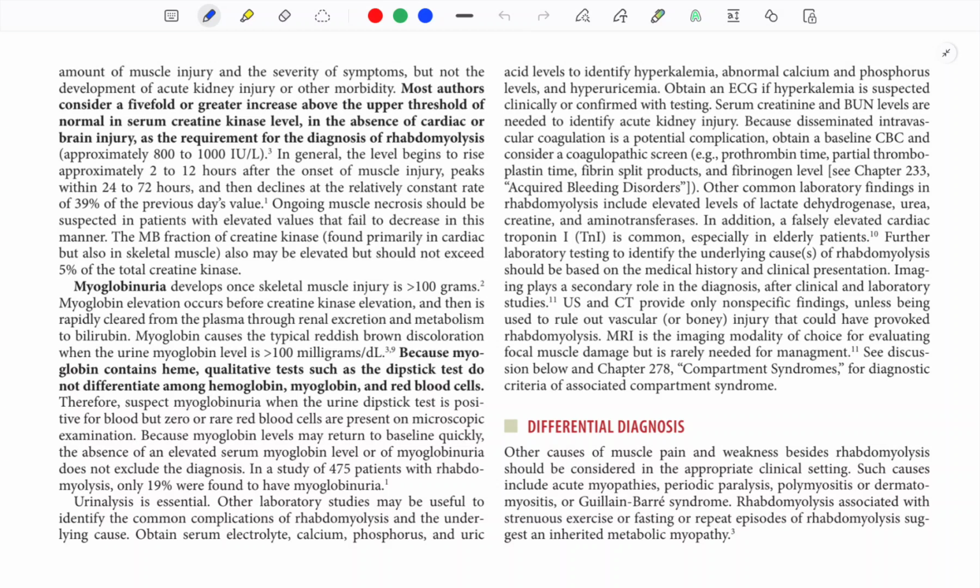So myoglobin also contains heme. So dipstick does not differentiate between hemoglobin and myoglobin and RBC. It will just say positive. Doesn't matter if it's intact RBC, myoglobin or hemoglobin. You can also get a LDH level, and LDH will be elevated in rhabdomyolysis.